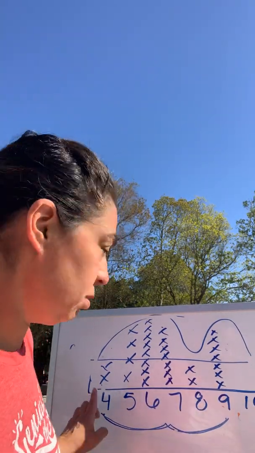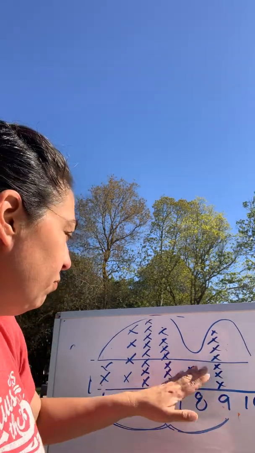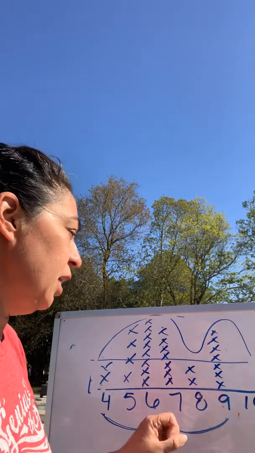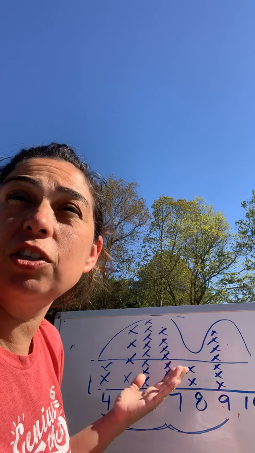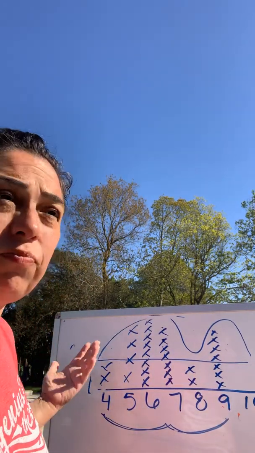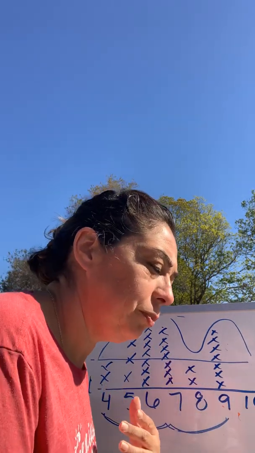Or which one had the least amount of data. You can say 8 and 4. 4 letters and 8 letters. Majority of them had 6. So the majority of the Chinese names in this data set had 6 letters. The least amount of letters was either 4 or 8.